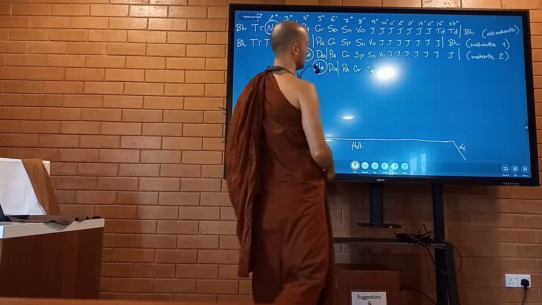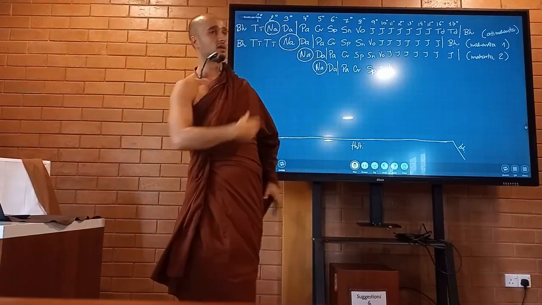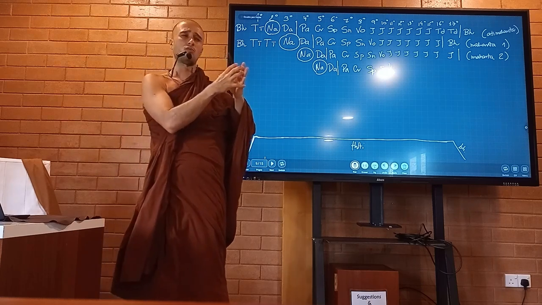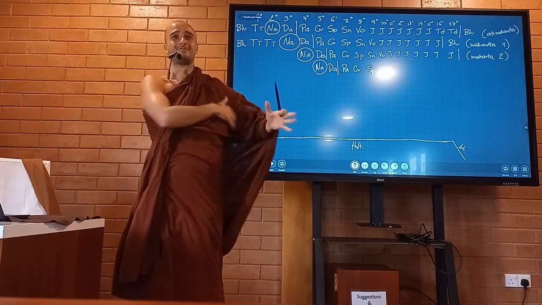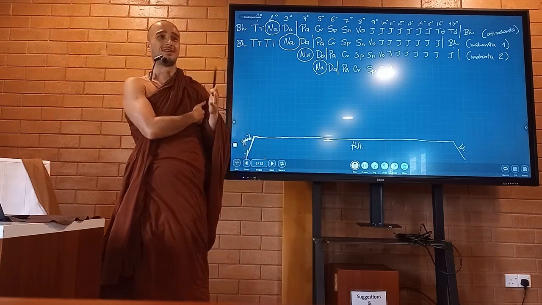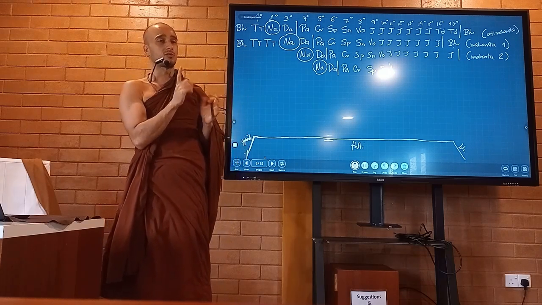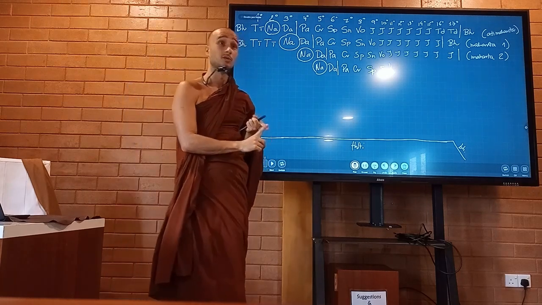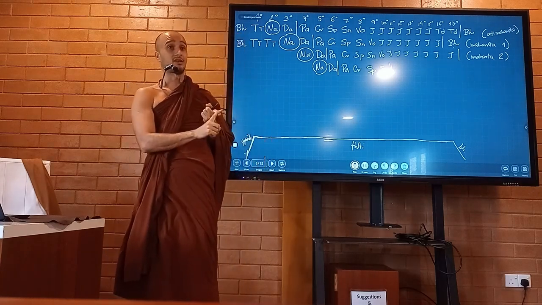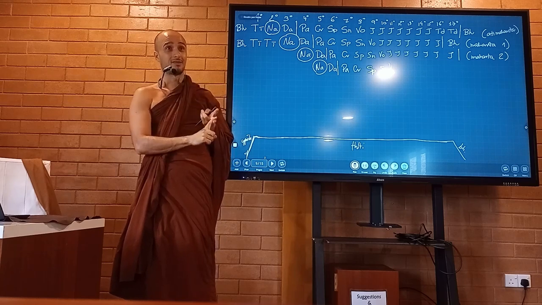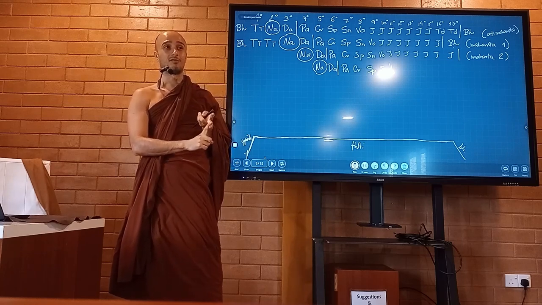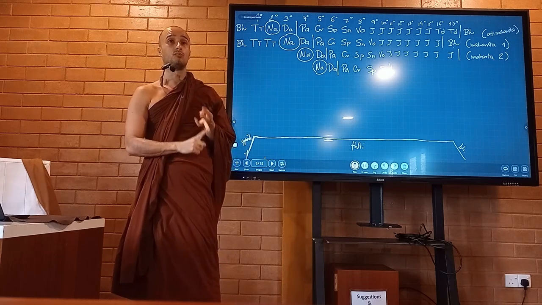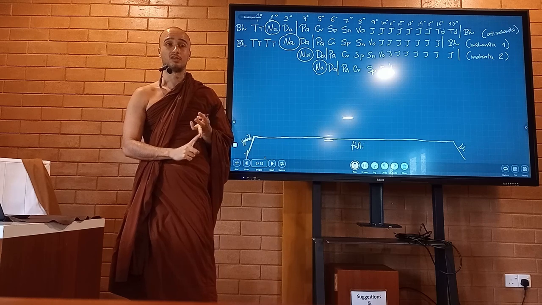Now, javanas also have this principle that they are almost always 7. Okay? There are a few situations where it's not 7. For example, during birth, sometimes it's less, or before death is less. Or sometimes if you are unconscious, it could be less than 7 javanas.